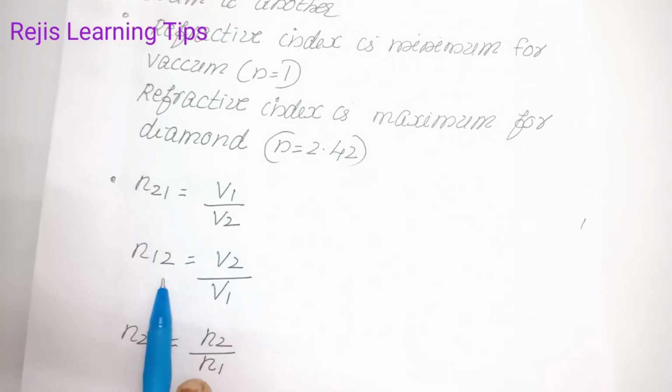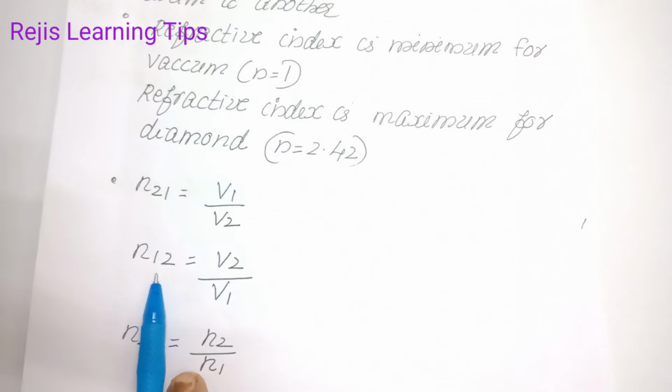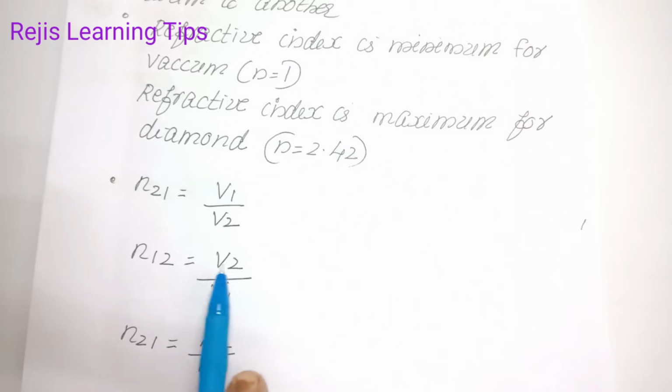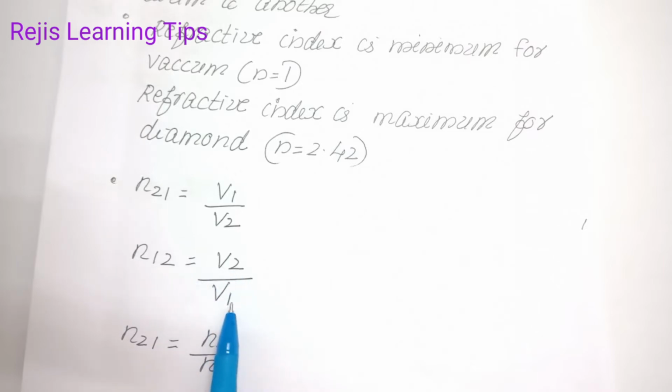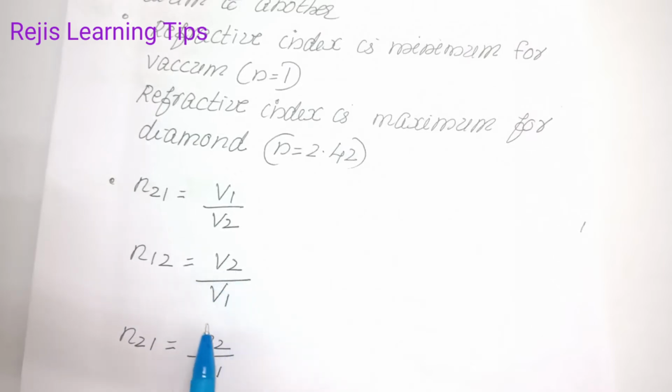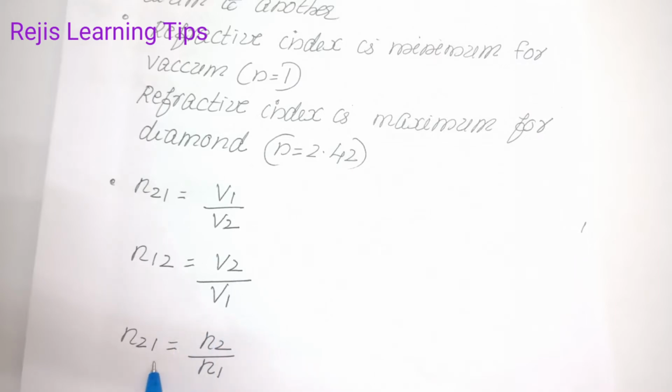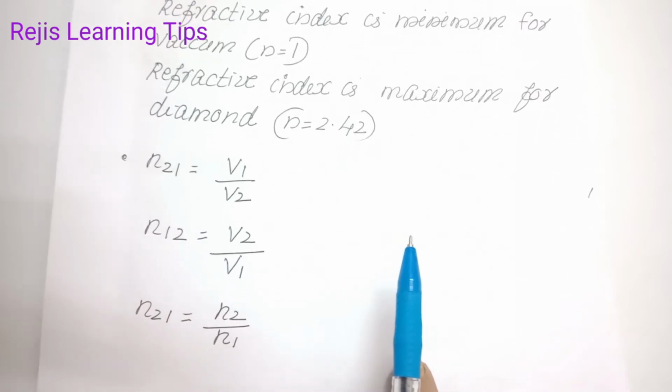Then n12 means the refractive index of medium 1 with respect to medium 2, that is v2 by v1, speed of light in medium 2 divided by speed of light in medium 1. Then n21 is equal to n2 divided by n1.